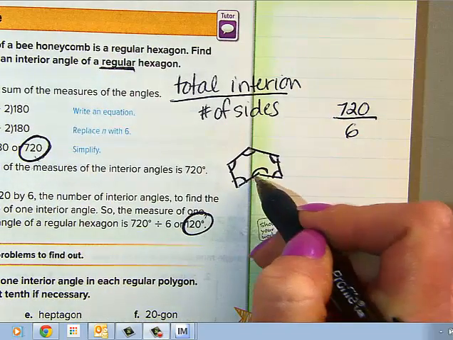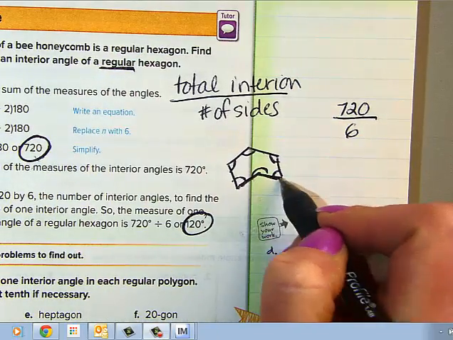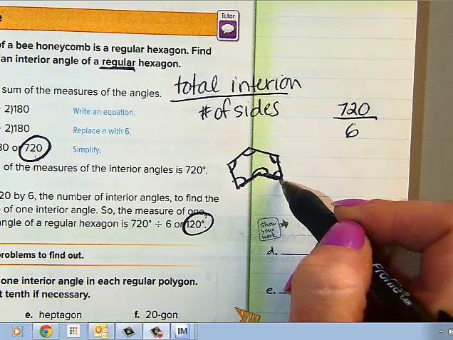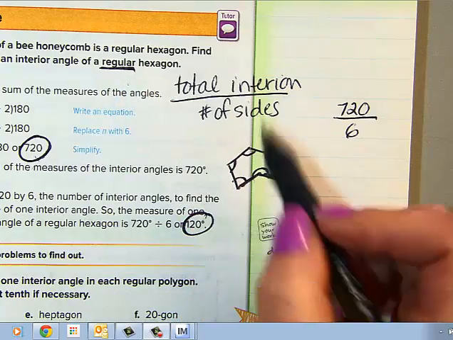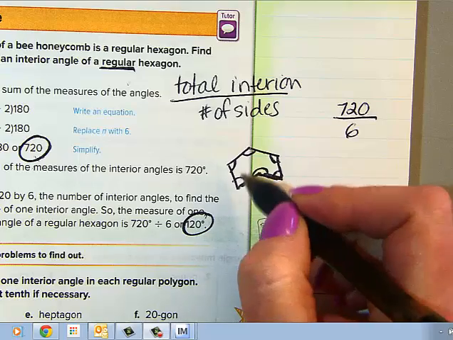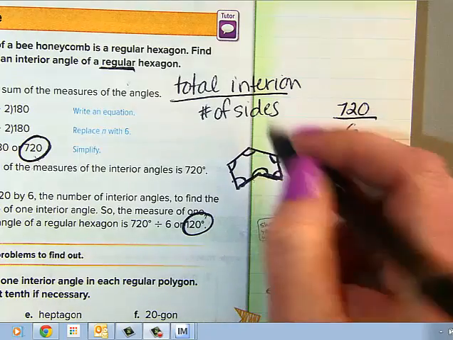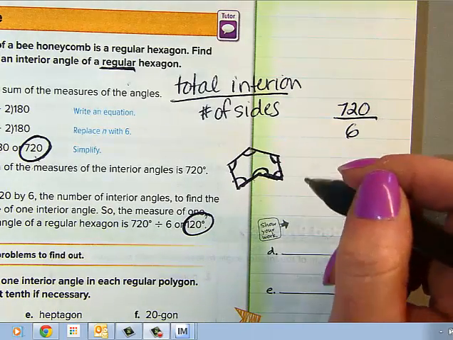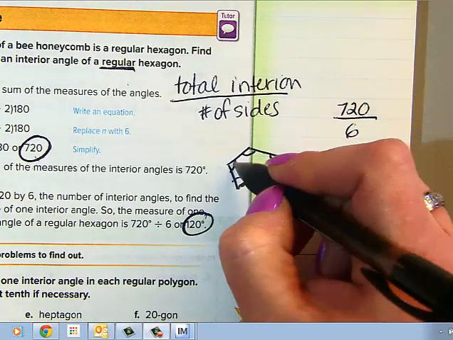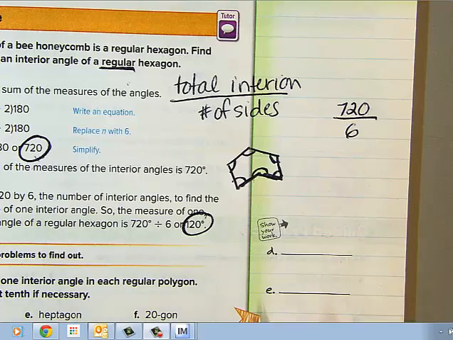Now this one, obviously you can tell this angle is not the same as this angle. This is not a regular hexagon, okay? In a regular hexagon, all the sides are the same length and all the angles are the same. I can't draw a regular hexagon, I'm not even going to try to, but in a regular hexagon, each individual interior angle would equal 120, okay?